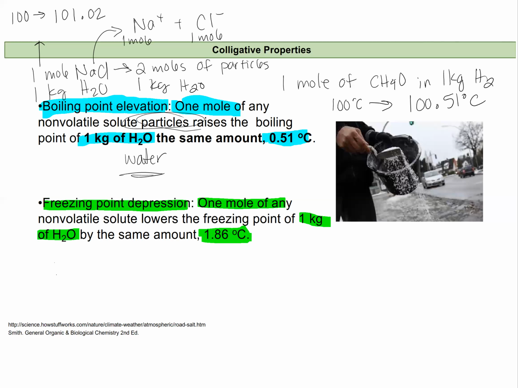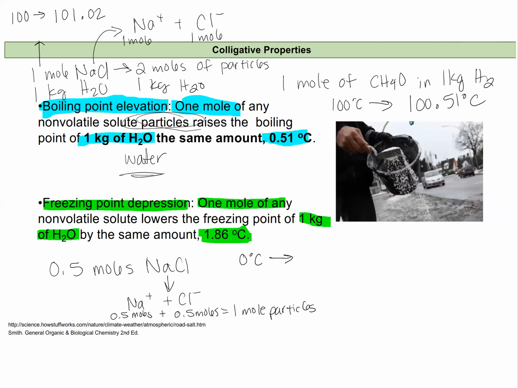So if I added 0.5 moles of sodium chloride, which breaks up into Na+ and Cl-, I'll have 0.5 moles of cations plus 0.5 moles of my anions to give me 1 mole of particles. I'll have a freezing point of water that goes from 0 degrees Celsius to negative 1.86 degrees Celsius.